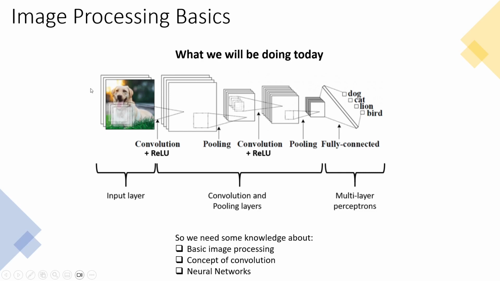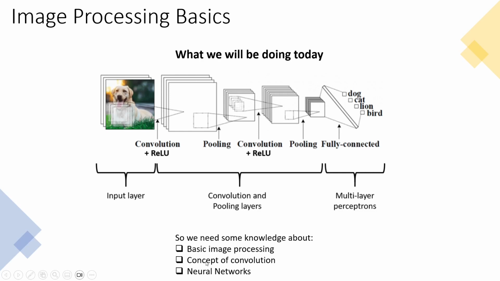So we will input an image, for example, we will input this image and we will classify whether this is a dog, cat, lion, or a bird. Okay, that's a classification problem. So what we will be doing today is we will be trying to solve the image classification problem by using convolutional neural networks. And in order to do that, we need a little bit of basic image processing knowledge.